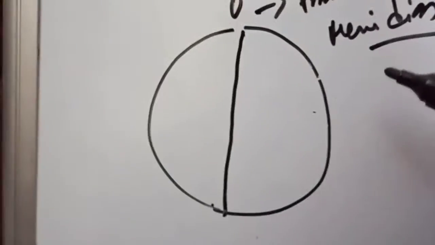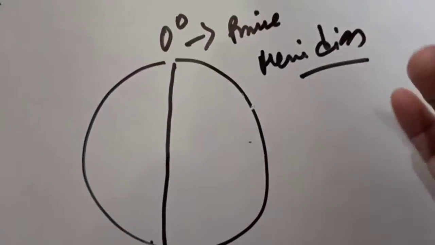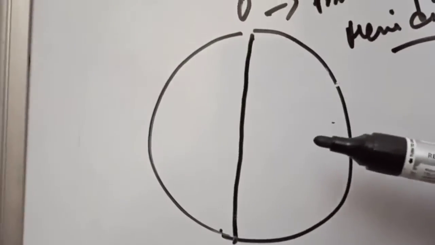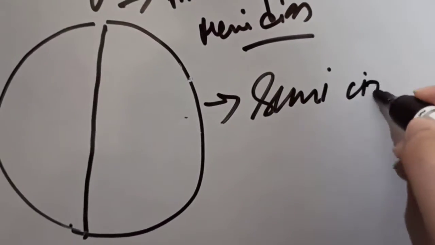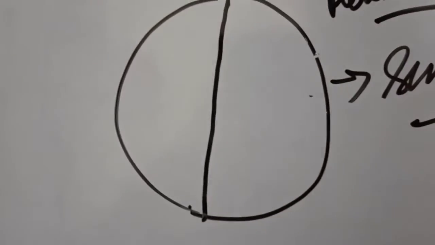So the value of the prime meridian is 0 degree, and this is also a semicircle like all other meridians.